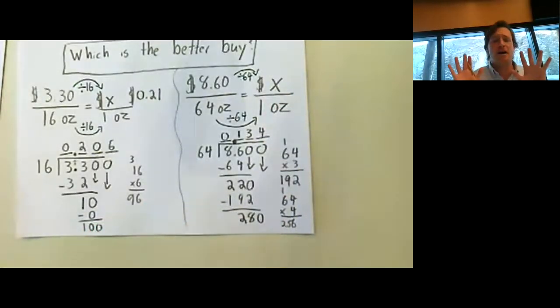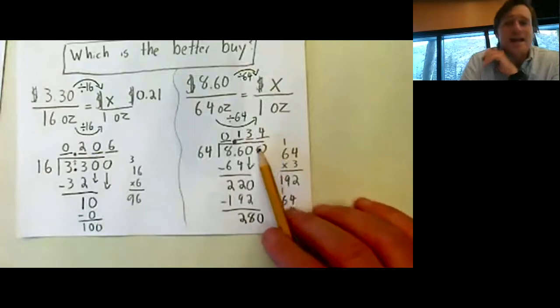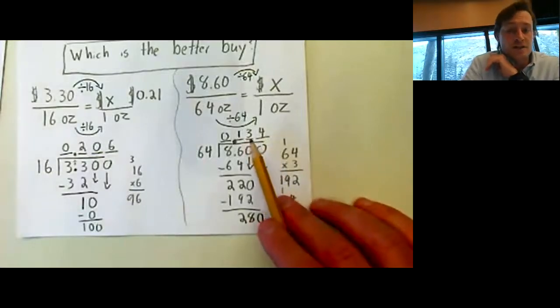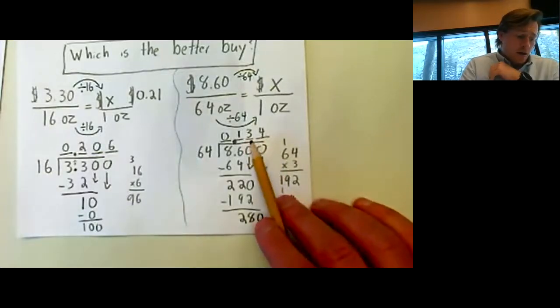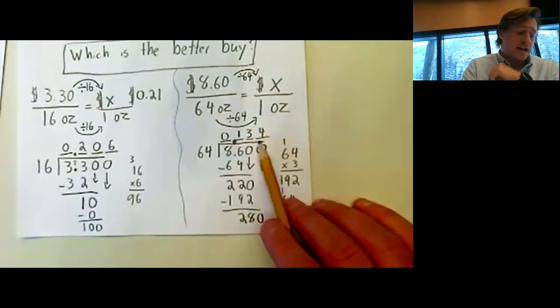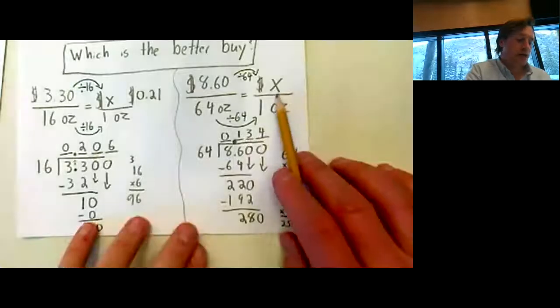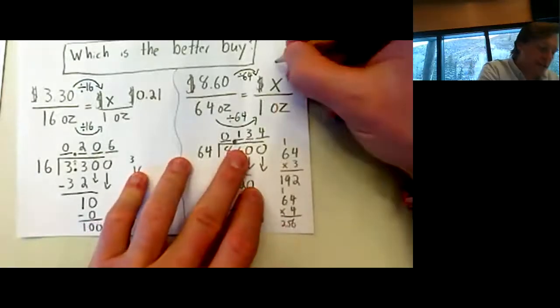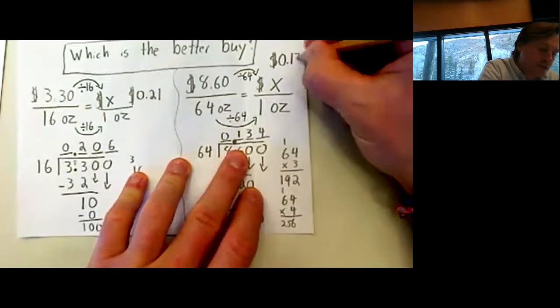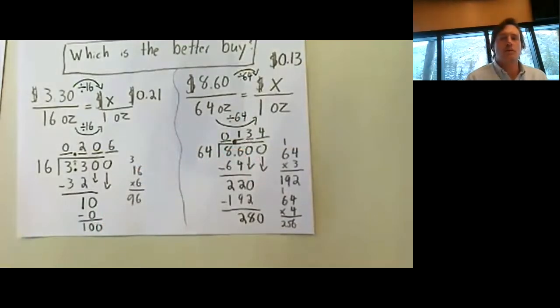And I'm just going to stop there because, again, all I need to do is reach that thousandths place in order to round to the nearest cent. To round to the nearest cent, I look next door. It's 4 or less, so I'm going to let that 3 rest. So my answer for X is 0 and 13 cents.